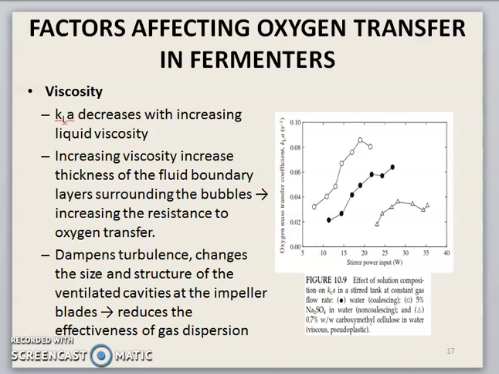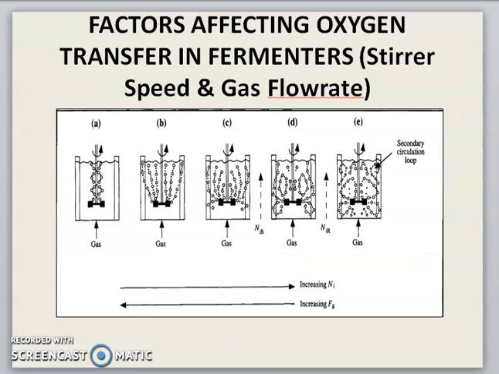The plots here show the effect of solution composition on kLa in the stirred tank reactor at a constant gas flow rate. This figure shows a flow pattern and how the bubbles disperse in the fermentation media with increasing stir speed and gas flow rate.